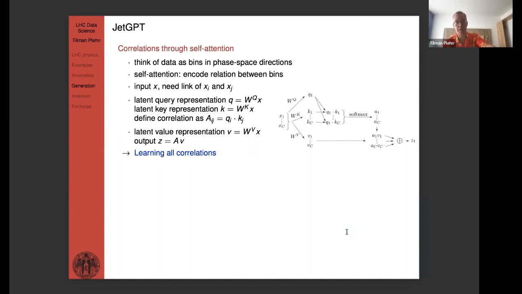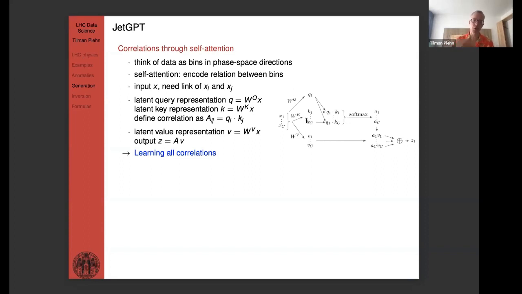And for all other axes, it constructs another representation, and we call that K. Then it defines the relation between your original point and all the others as a scalar product in this latent space. Now that is simple. This is really just linear algebra 1. It's just a scalar product of two latent representations.